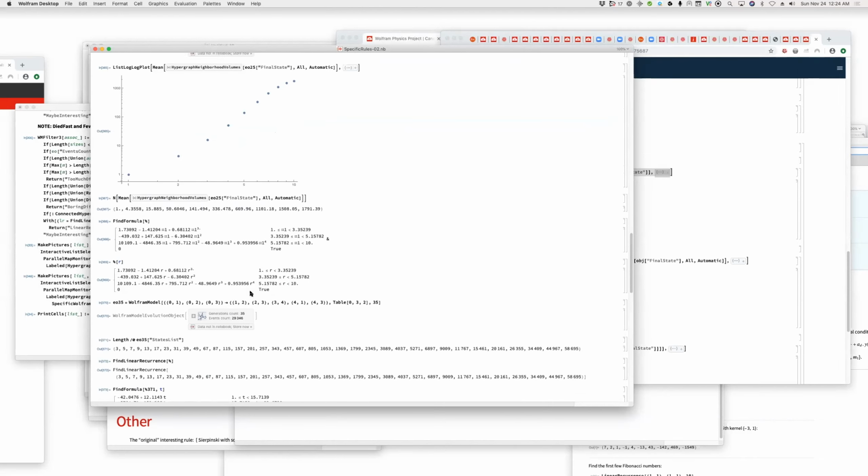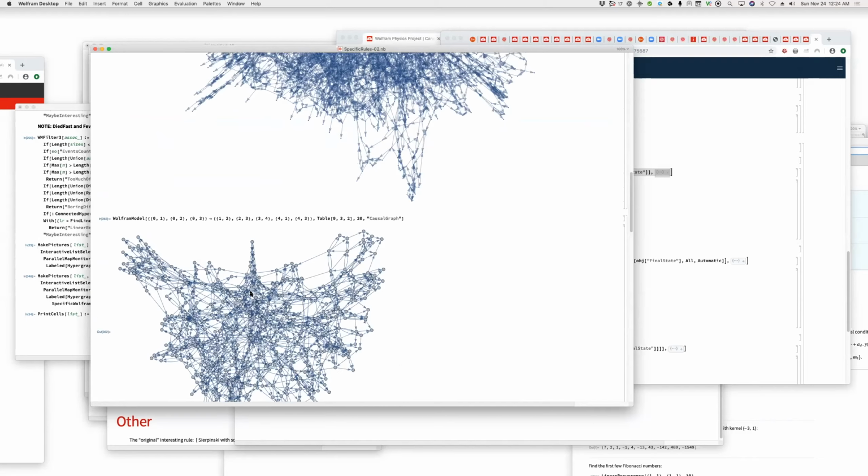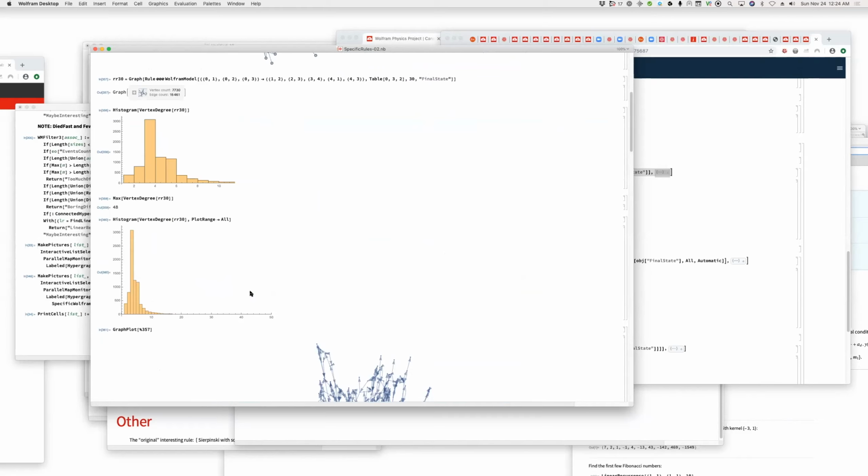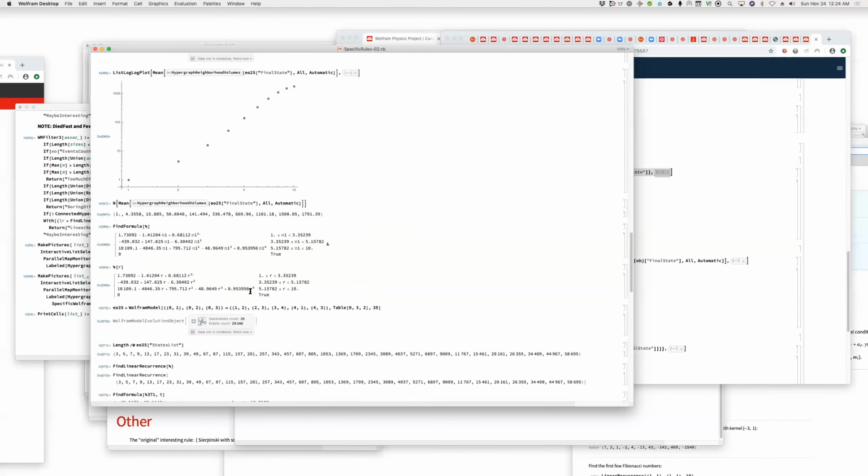What are those things? Well, let's look back at the original creature. So let's see, what do we have? EO25, I think we had. So let's look at that.